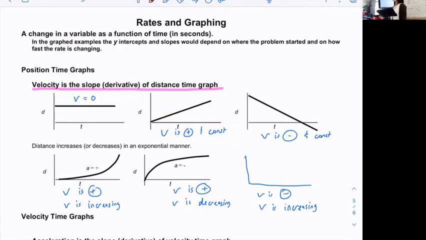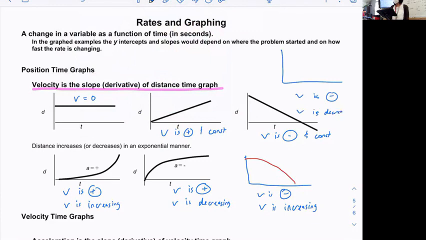Velocity is increasing means my slope is getting bigger. So my slope is getting steeper, but it's a negative slope. So that means I'm going to be like this. I've totally run out of space, so I'll do it here. What if I have velocity is negative and velocity is decreasing?